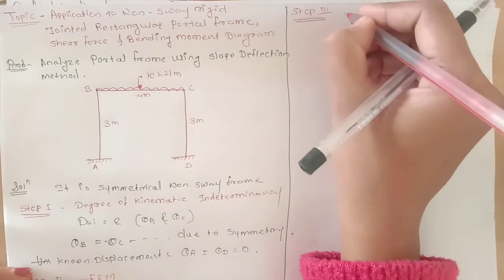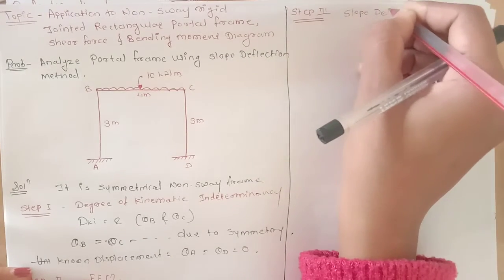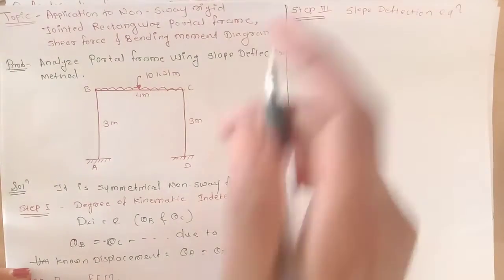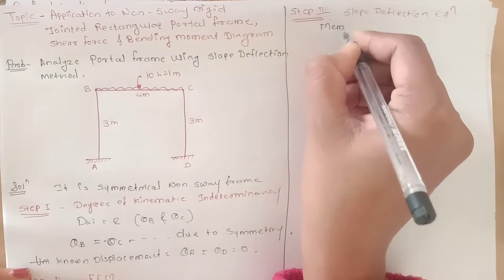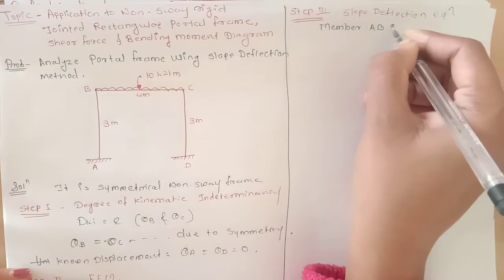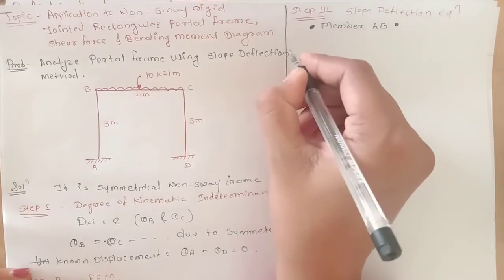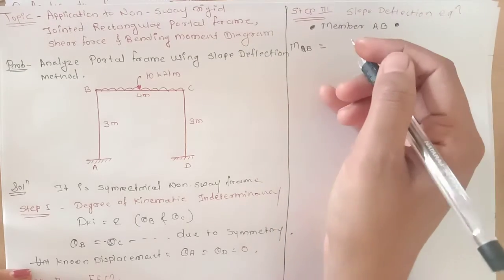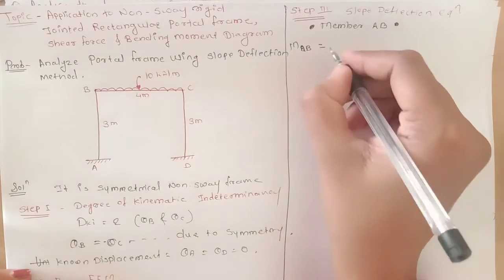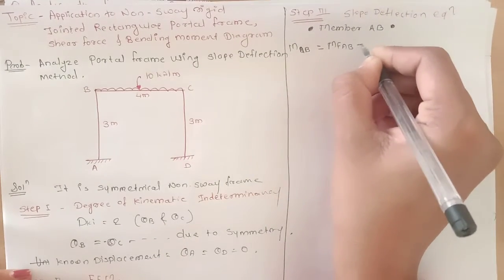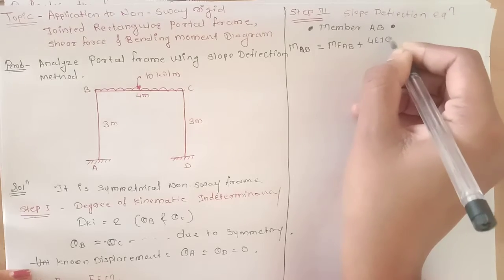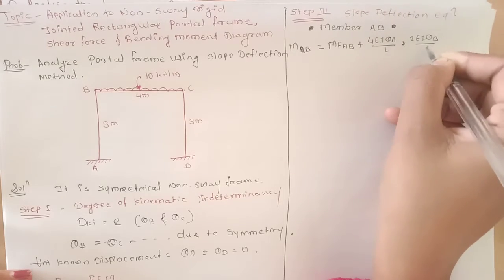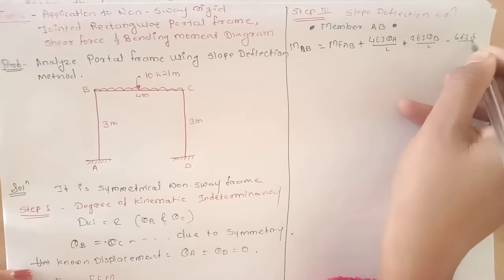Okay, the next step is step number third. Write the slope deflection equation. First, take the AB member. The slope deflection equation for member AB is, the formula is, fixed moment for member AB plus 4EI theta A divided by L plus 2EI theta B divided by L minus 6EI delta divided by L square.